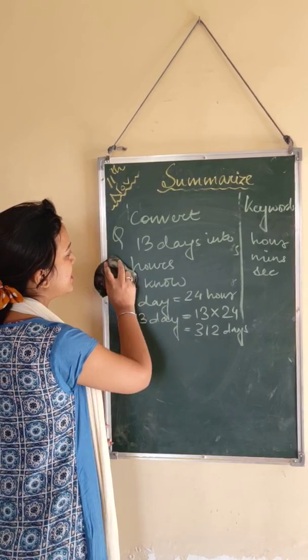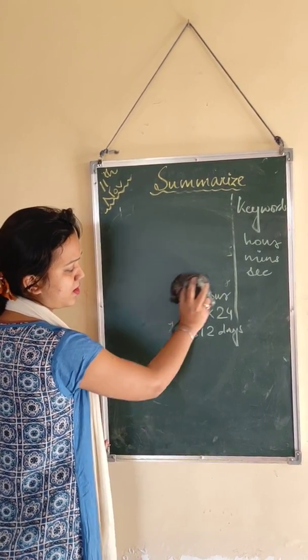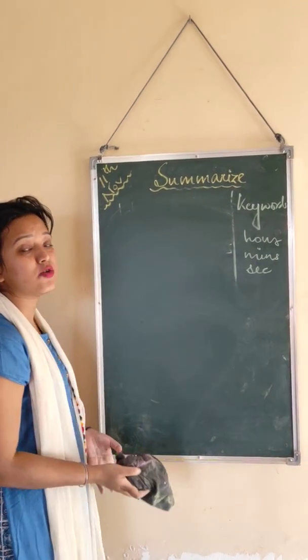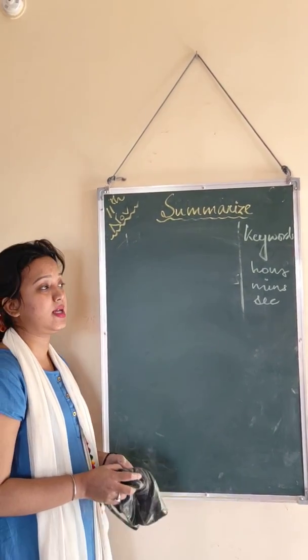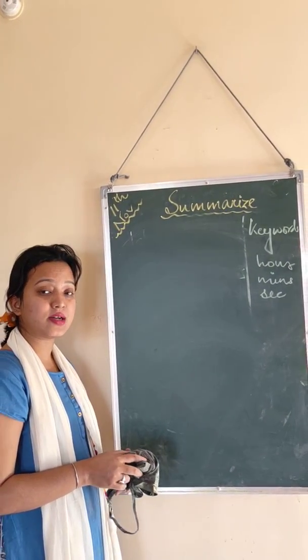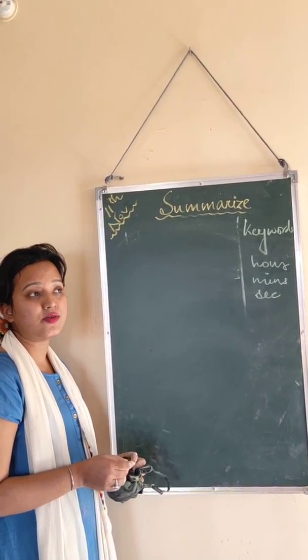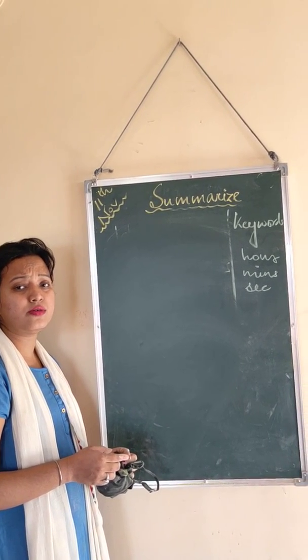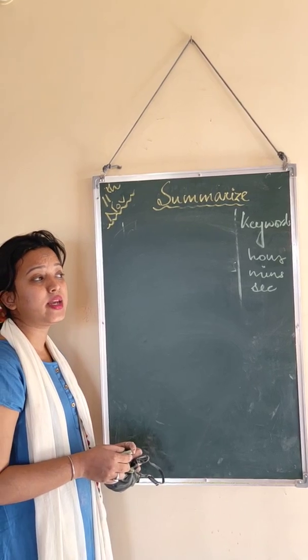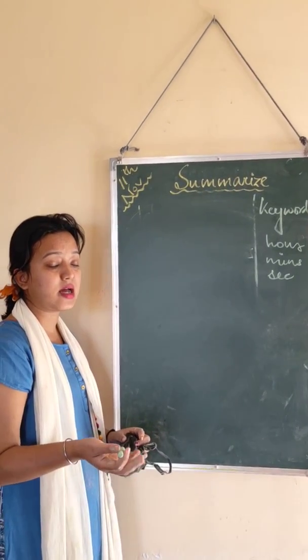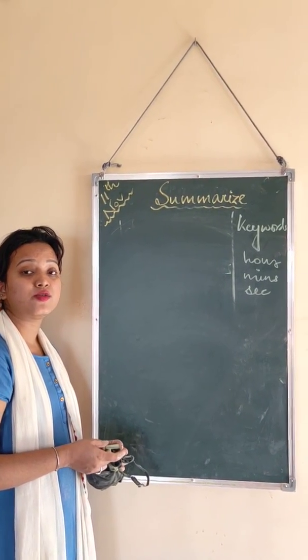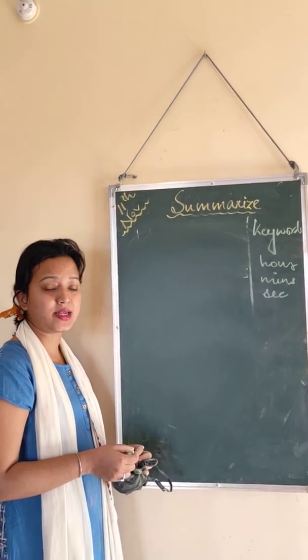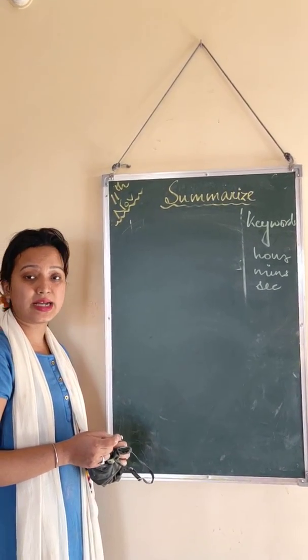So this is the way that we convert. When you convert from a larger unit to a smaller unit, then you multiply. When you convert from a smaller unit to a larger unit, then you divide. Remember? So we do it in such a way.